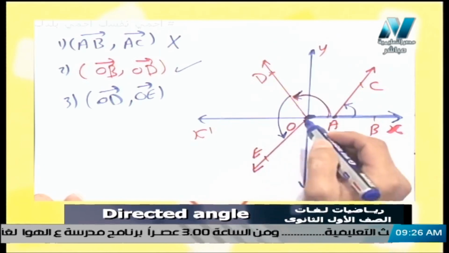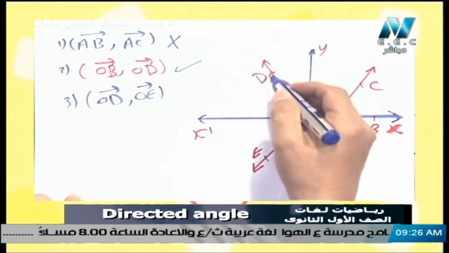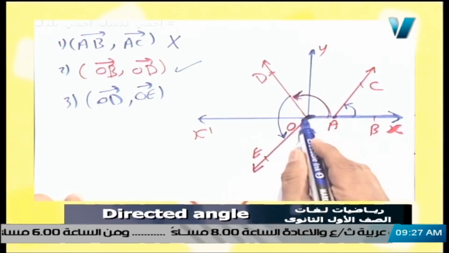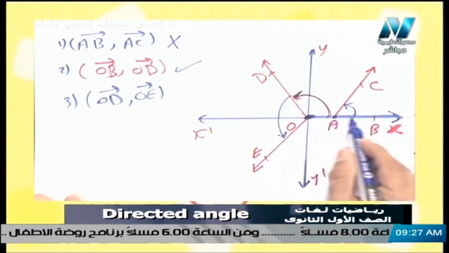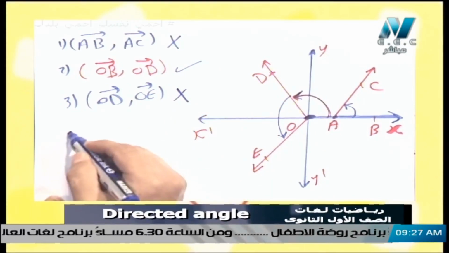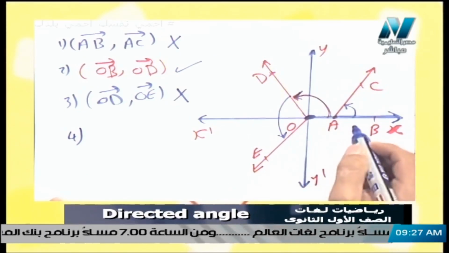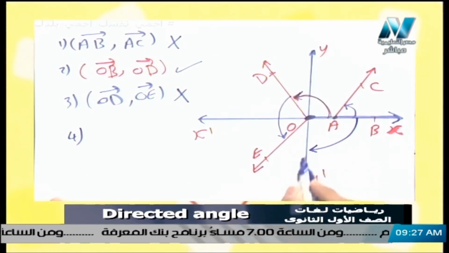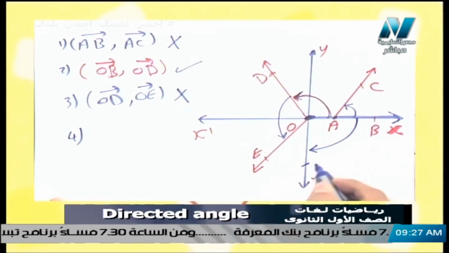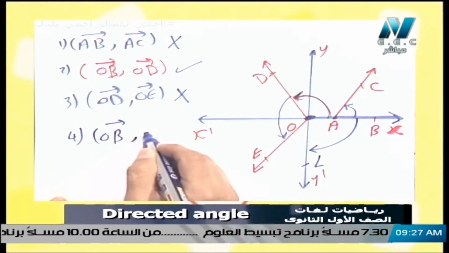We have the vertex at the origin point, but the initial side here is not the positive direction of the x-axis, so it is not in standard position. Look also at this angle, OB and OL.